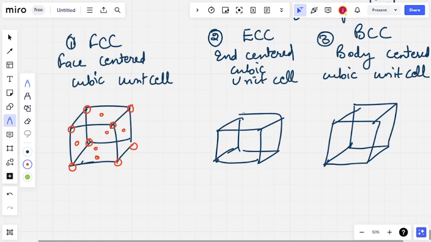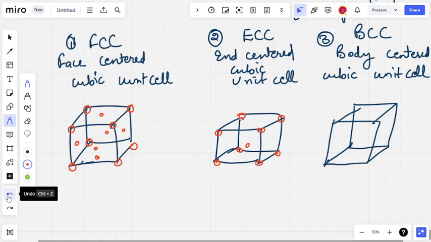In the end centered cubic unit cell, 8 constituent particles are present at the 8 corners of the cube and 2 particles are present at any of the 2 opposite faces, either here or here, front and back.